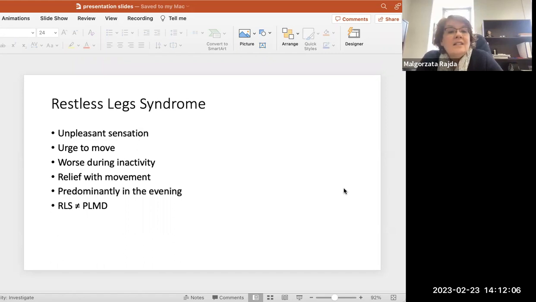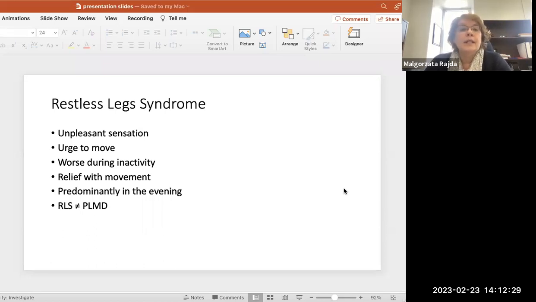So restless leg syndrome. This is a very common condition, and it's a major differential with insomnia. Patients will complain about this extremely unpleasant sensation, usually in their legs, that's associated with a strong urge to move.